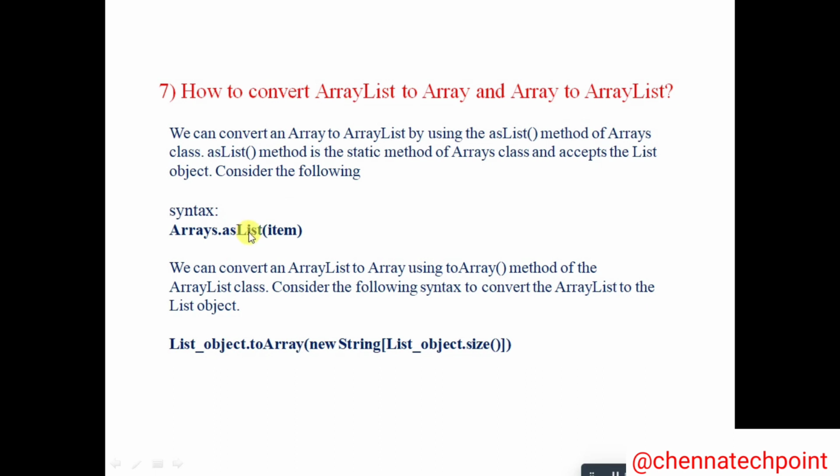We need to provide the items as a parameter. We can convert any ArrayList to array using toArray. toArray is a method of the ArrayList class. Consider the following syntax to convert the ArrayList to array. Here we are using list object dot toArray. Here we need to create new String elements. In this way we can convert the ArrayList to array and array to ArrayList.